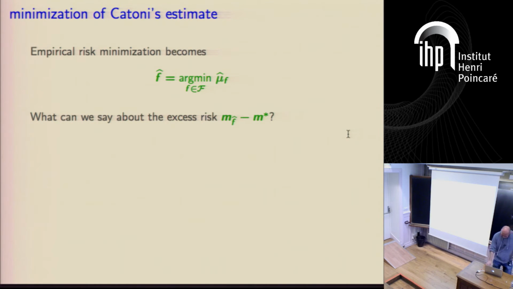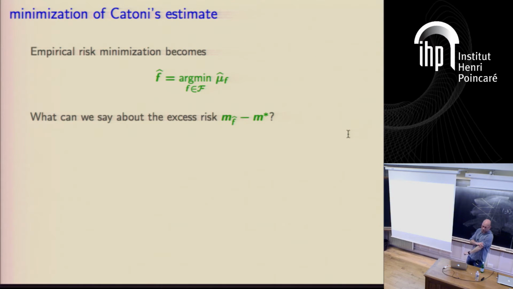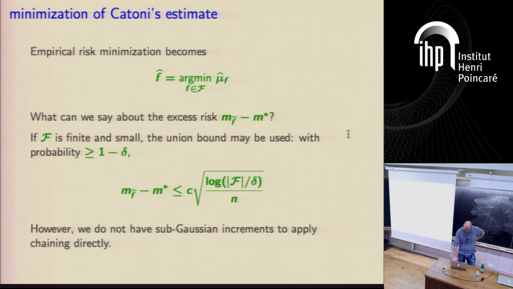But what we were interested in here is what can we say about the excess risk in general, so just the information theory. If we have a finite class, then we can use the union bound, and we get something like this. We can also do this for the median of means estimator. This will work, but it is not satisfactory. It's not going to give us optimal bounds.